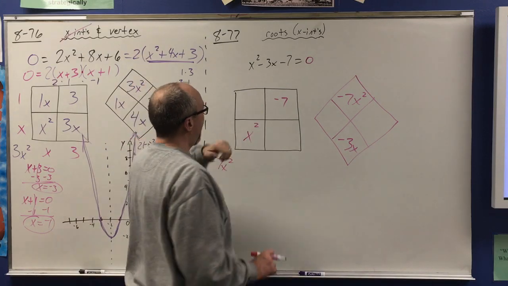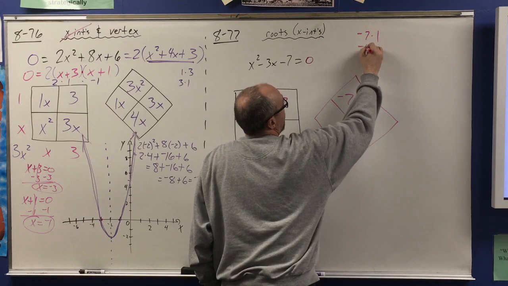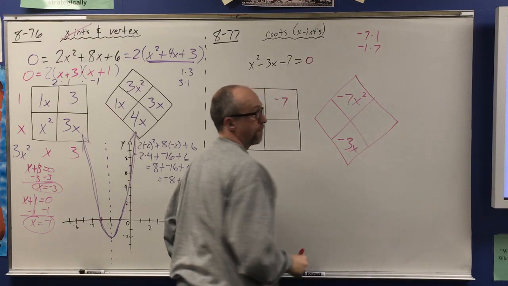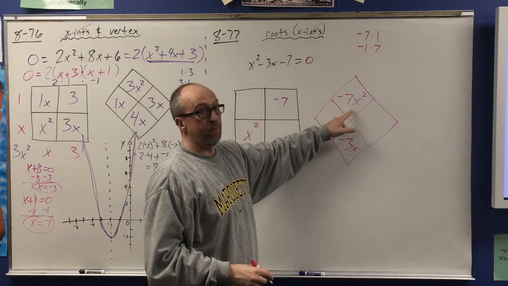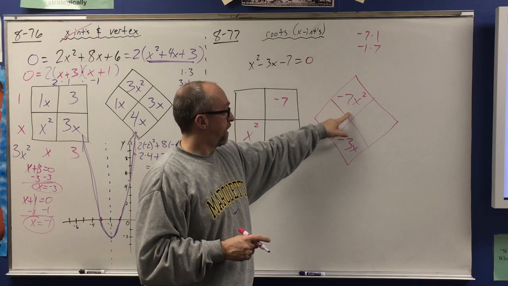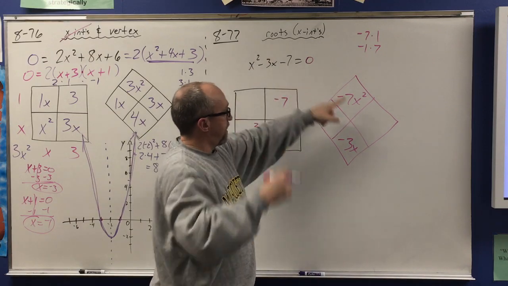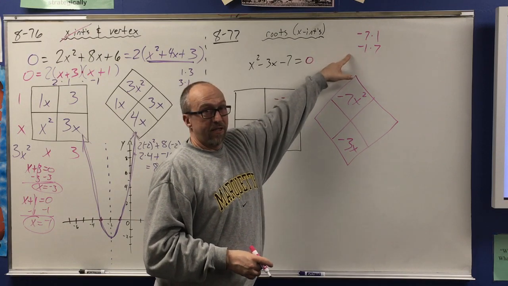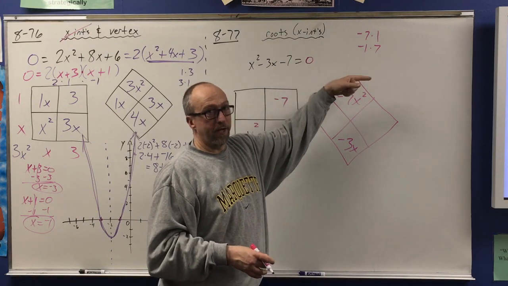Because the numbers that I try to use to get -7 are here. -7 times 1 and -1 times 7 will get me here. Remember, you always look at the numbers to get the multiply part. Don't do the add part. Focus on these. What multiplies to give me this? This does. There's no other way to get -7 through multiplication.